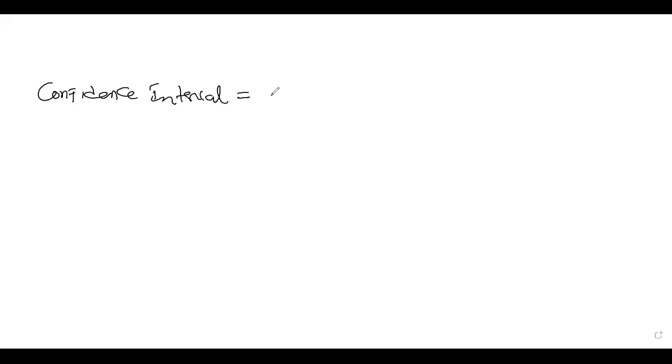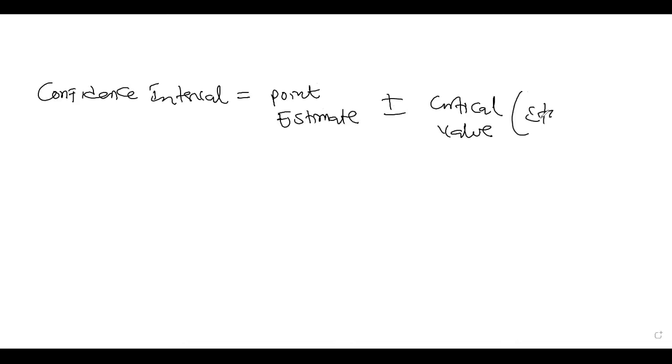So for any kind of confidence interval, the formula is equal to the point estimate plus or minus the critical value times the standard error.